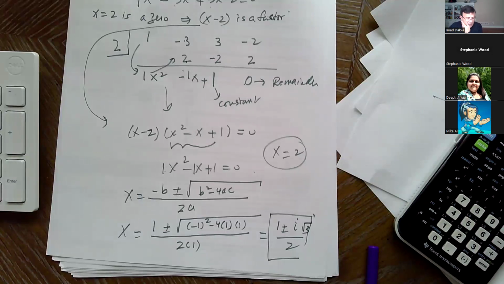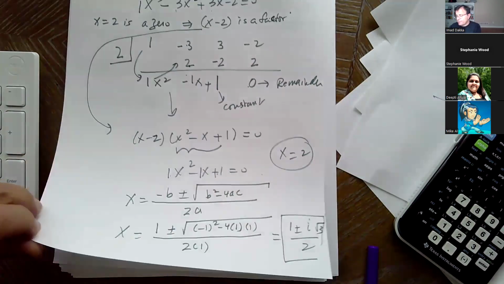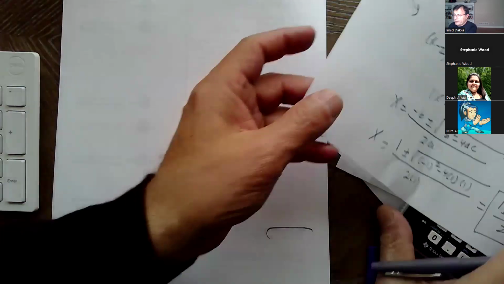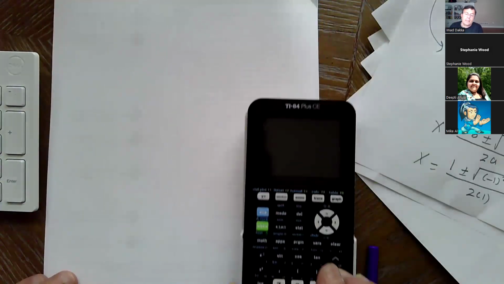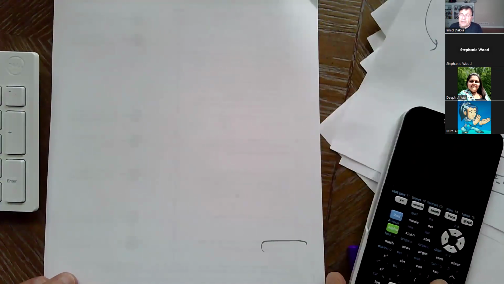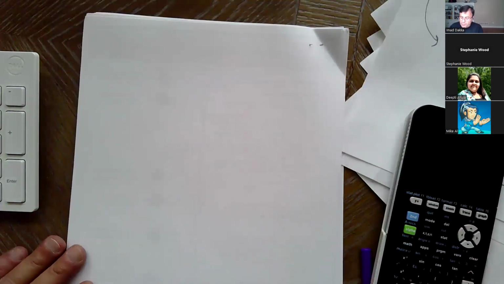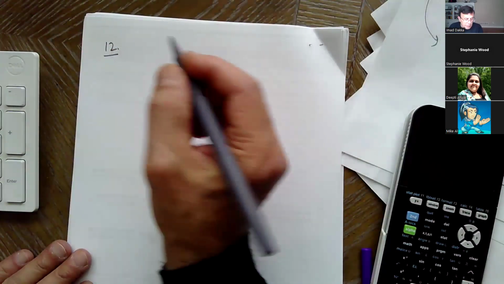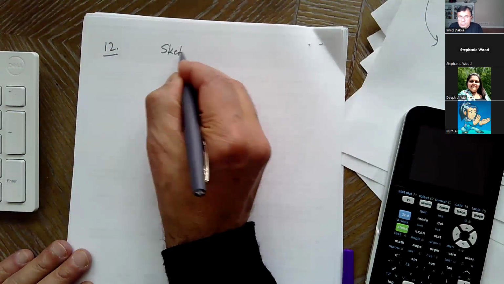Okay. So next, I'm going to give you some graphing, and I'll tell you what you need to do on the test. And I really don't like it when I give a graph and I don't see a graph. I mean, people skip that. You have a graphing calculator. Use it.